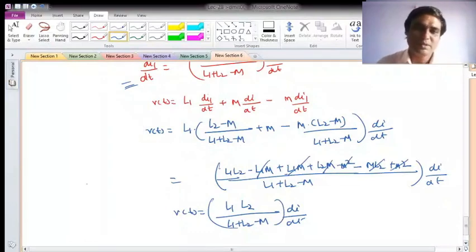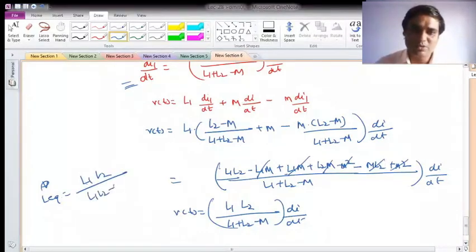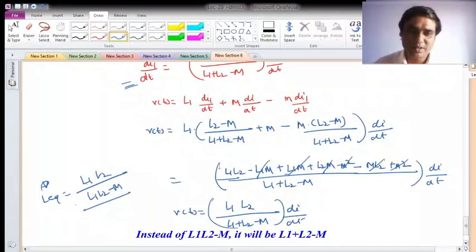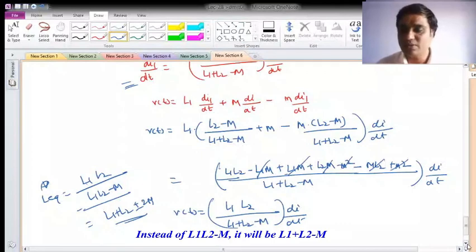So when the coupled coils are in parallel, the equivalent inductance will be L1 L2 divided by L1 plus L2 minus M or plus M, depending on the dot convention. Whereas when they are in series, it is L1 plus L2 plus or minus 2M. That way you can calculate the equivalent inductance.